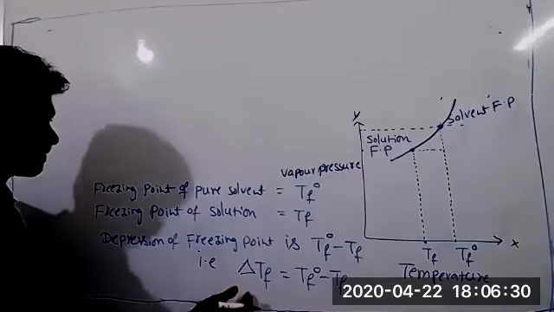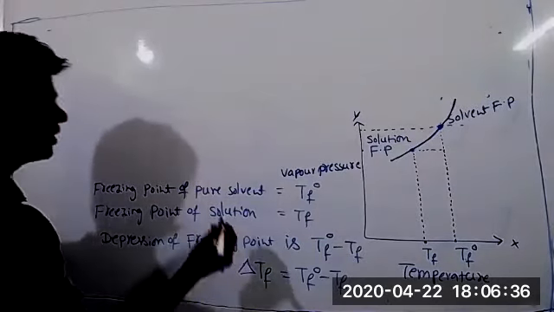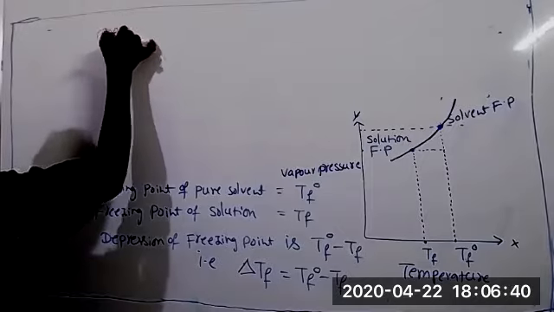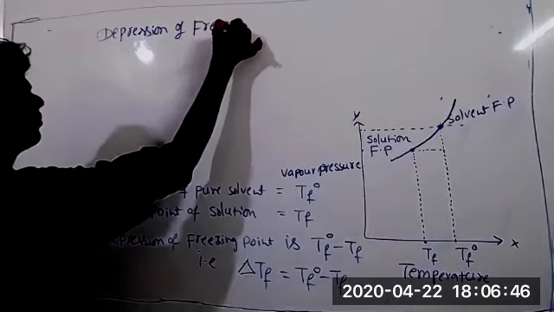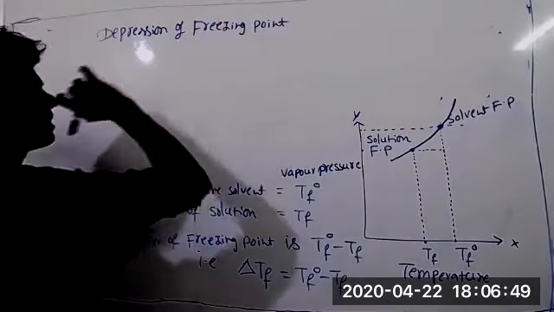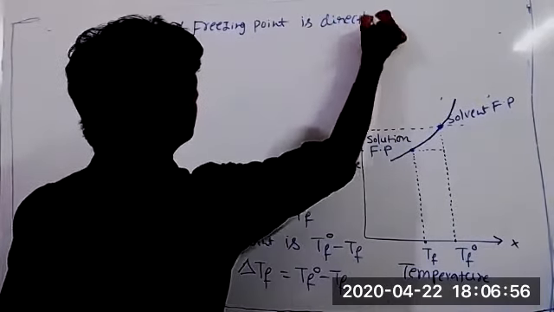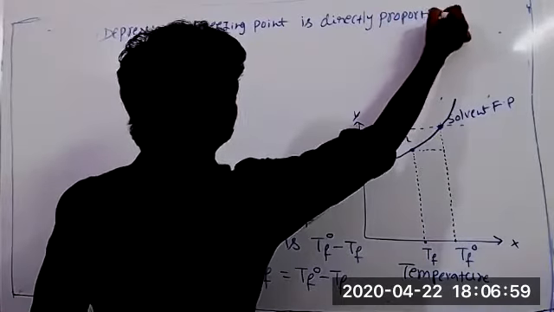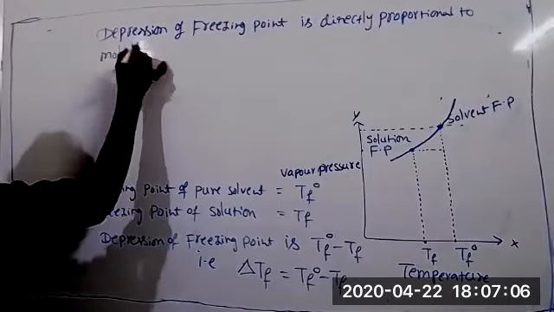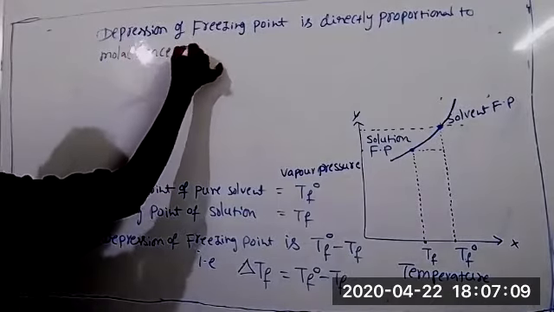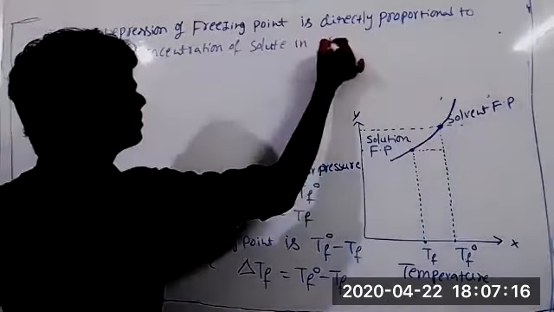Next, see here. It is practically proved that the depression of freezing point is directly proportional to the molar concentration of solute in solution.